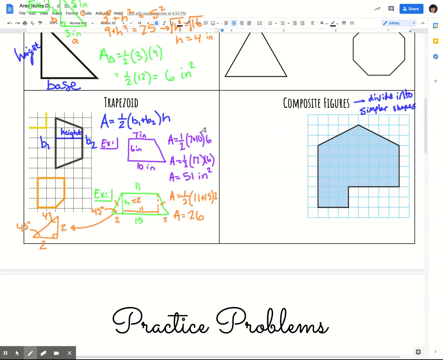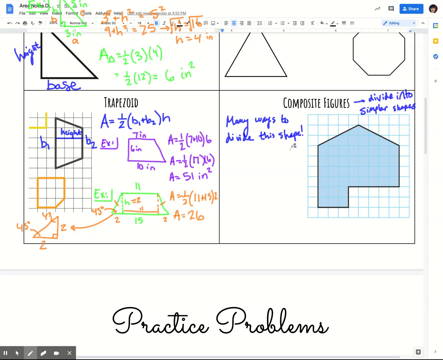For most composite figures, there are many ways to divide this. But as long as you divide things and calculate your areas correctly, it doesn't really matter how you divide it. You're going to end up with the same answer either way.